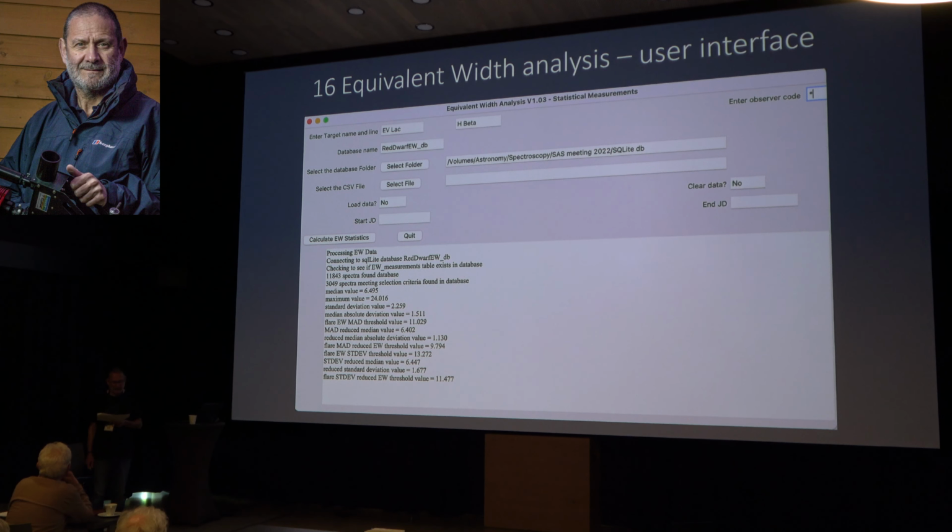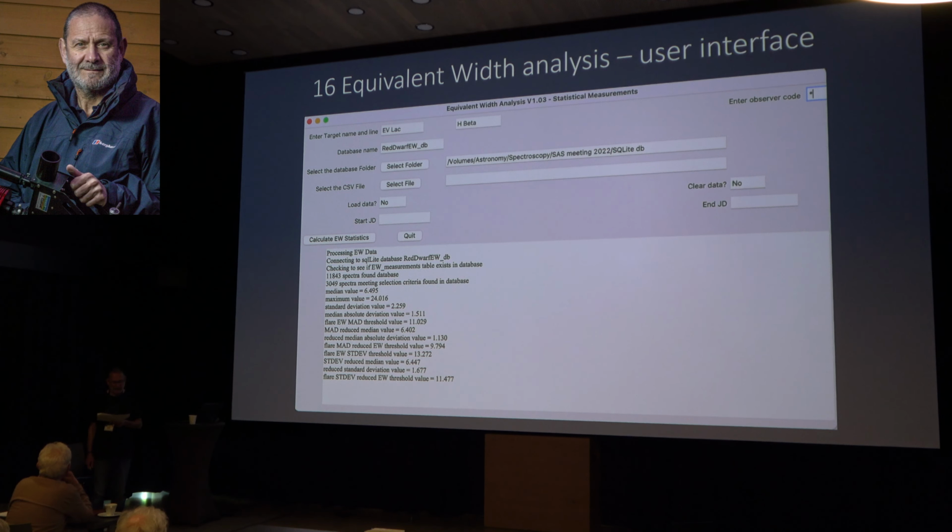Equivalent width analysis allows us to identify criteria for a quiescence level and automatically calculate a threshold. Actually, we can set multiple threshold levels and infer flare candidates where spectra peak equivalent widths exceed the threshold.